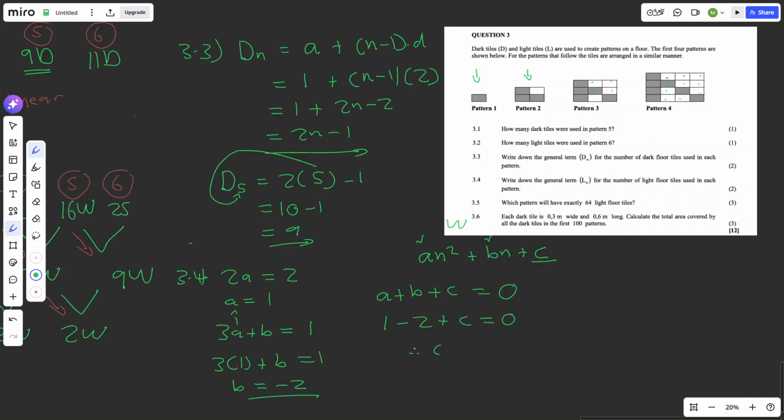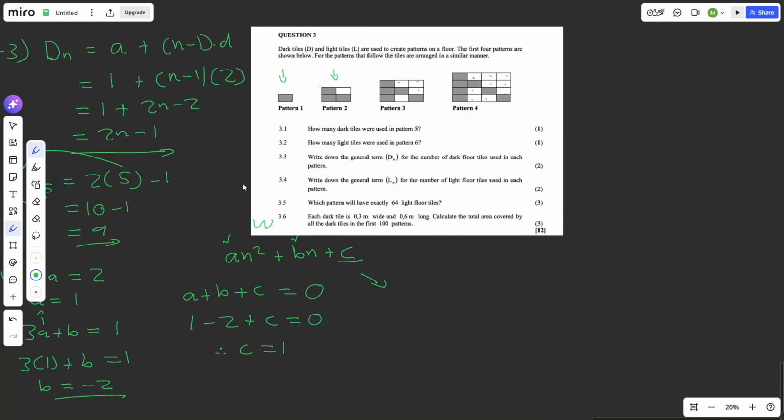So now c is equal to 1. So now if we substitute it into here, what do we get? We're representing this as ln is equal to 1 times n squared plus minus 2 times n plus 1. So this is equal to n squared minus 2n plus 1. And that is basically the formula.